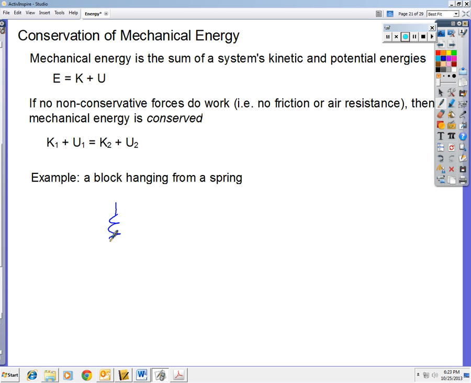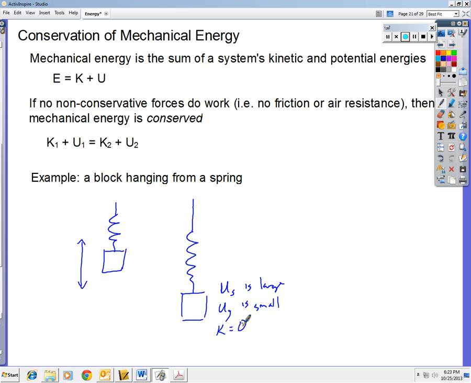Here's an example. If you have a block hanging from a spring, you pull it down, you let it go, it starts oscillating. There are three kinds of energy involved here: gravitational potential energy, kinetic energy, and spring potential energy. When it's way down at the bottom of its path, the spring potential energy is large, the gravitational potential energy is small, and the kinetic energy is 0.